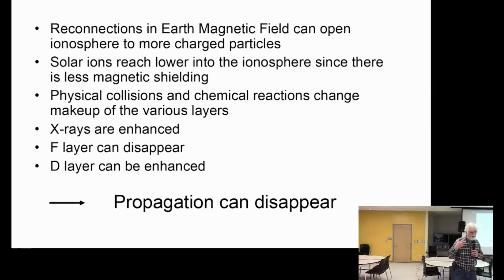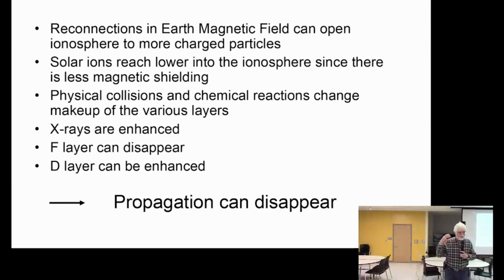You can open the ionosphere to more charged particles, because basically the way the ionosphere protects the Earth is that things hit the ionosphere and cause it to ionize and take the energy away. Well, if you take all the energy out because you're hitting it really hard, there's nothing there to absorb the material coming in.